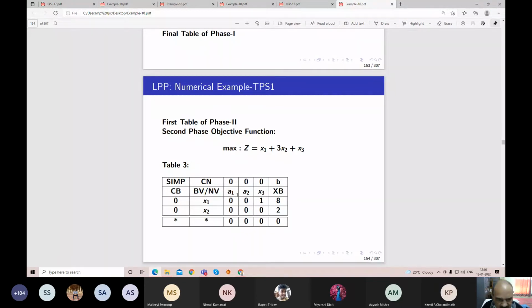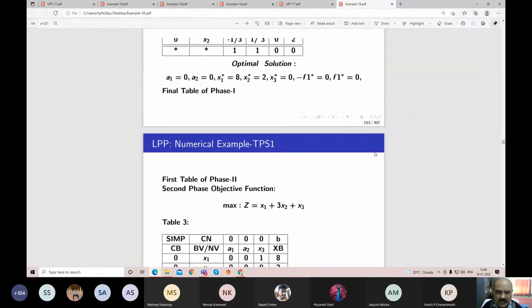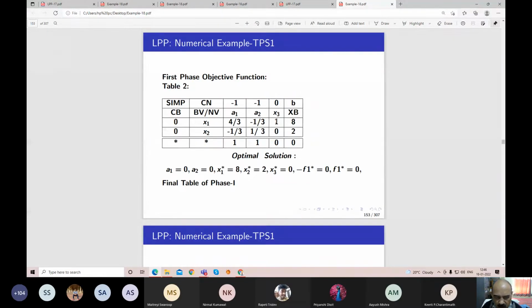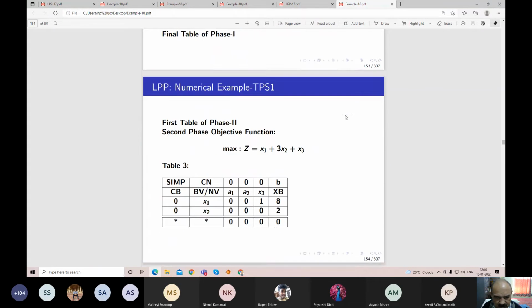So instead of removing, I am just making all these coefficients 0. You can see all the boxes below and above A1 are 0. However, the x3 column with elements 1, 0, 0 and 0 on top, I am keeping as it is.